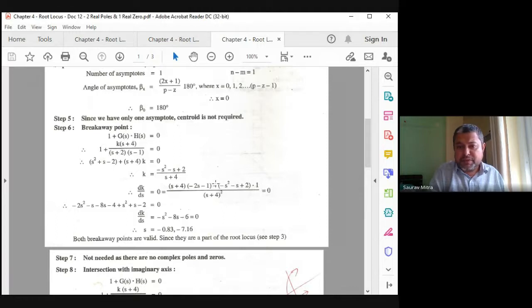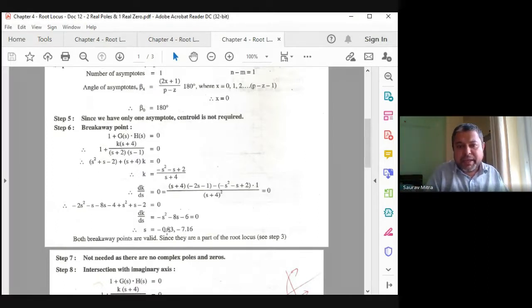This is the minus of the formula. Then minus s square minus s plus 2 multiplied by d/ds of s plus 4, and then take this numerator, it will be given like this, that equals 0. Remove the minus. Then you are finding there are 2 values. So these 2 are not both breakaway points: one is a breakaway point, another is a break-in point.